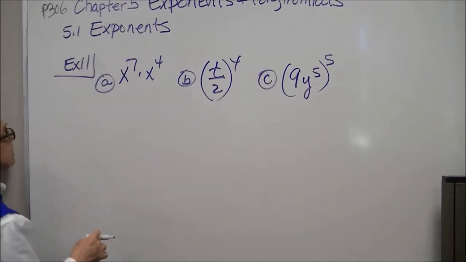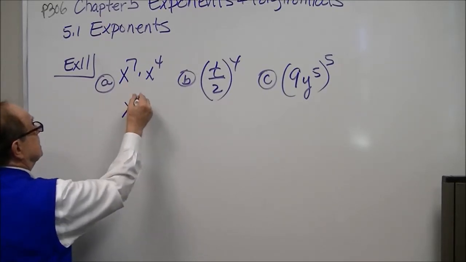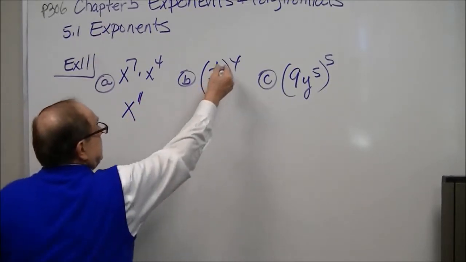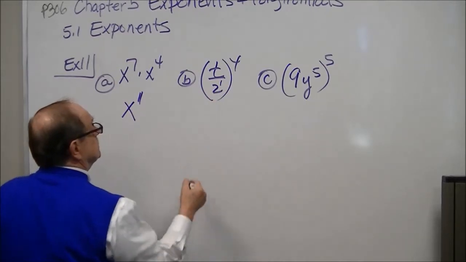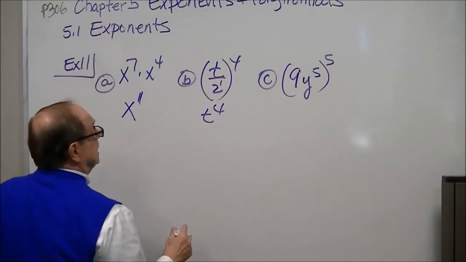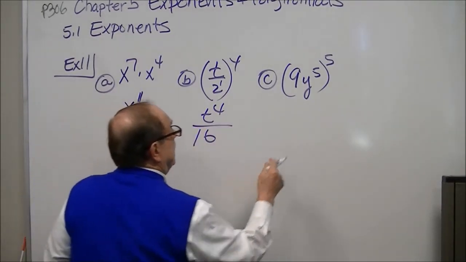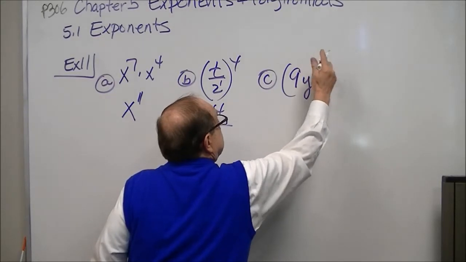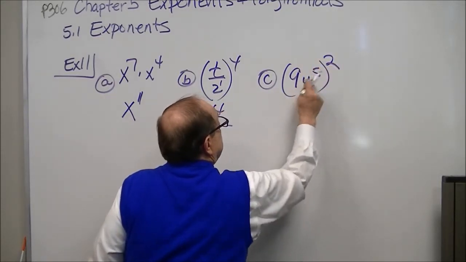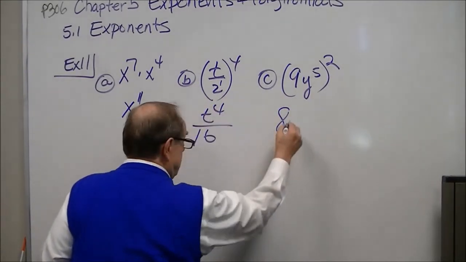Okay, so this is sort of a little variety. This we're just going to add x to the 11th. Here we're going to multiply, keeping in mind there's a 1 there. T to the 4th and 2 to the 4th is 16. And this was actually to the 2nd here. 9 to the 2nd is 81.